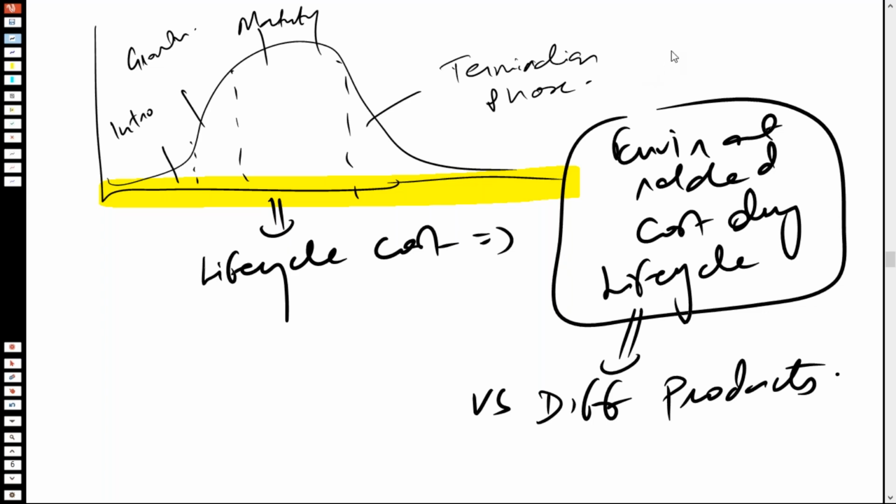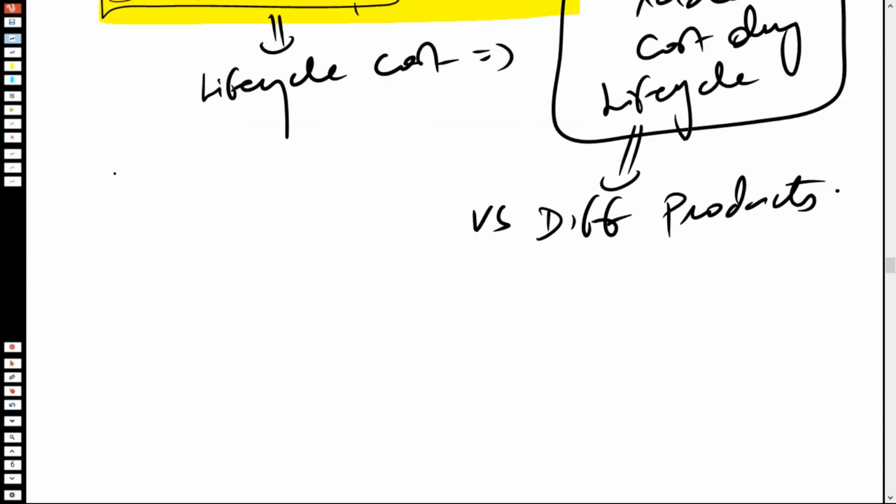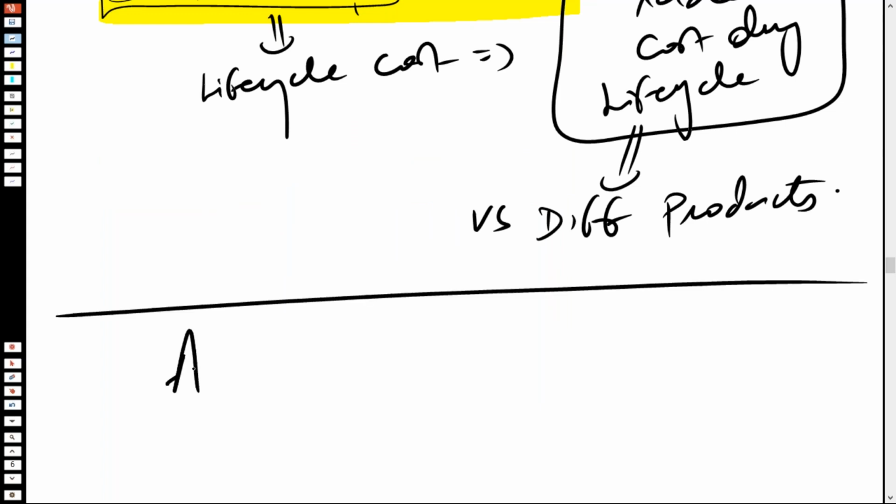Now, the next one of them is basically called the use of activity based costing.